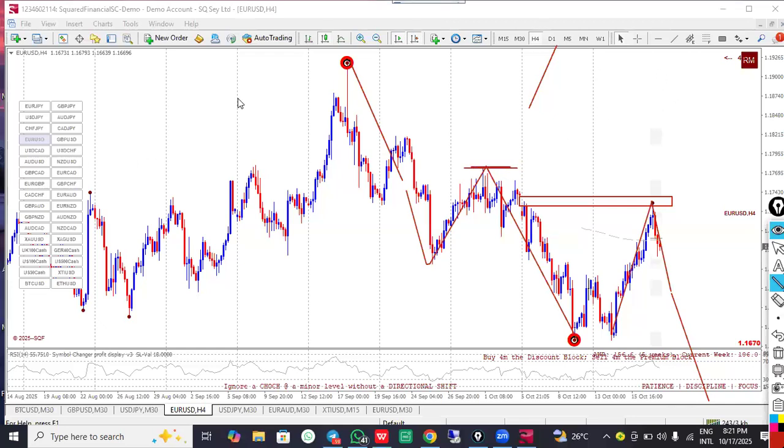Because remember, from what we have looked at today, I can say that this is my A, that is my S there, this is my A in here, this is my B in here, and this is my C in here. So based on this, my concentration is on BC. And I am asking myself, where will this market get to for the market to continue to the downside?